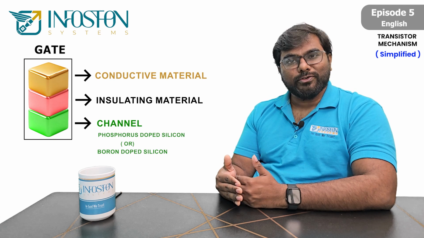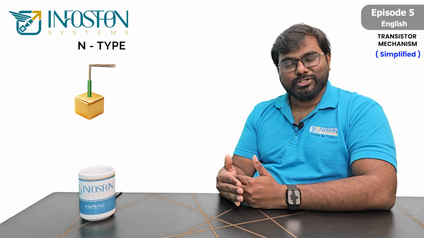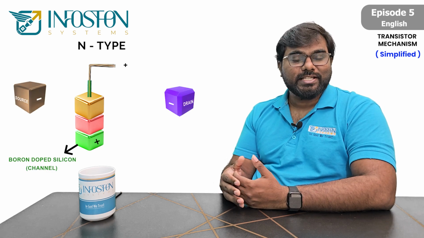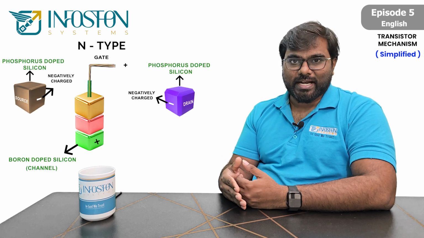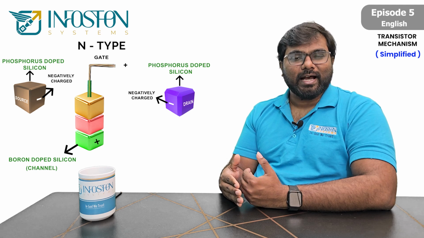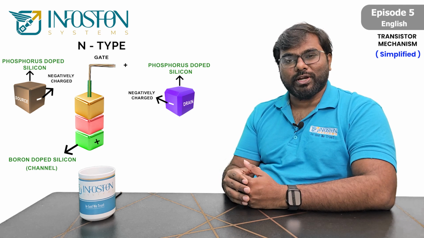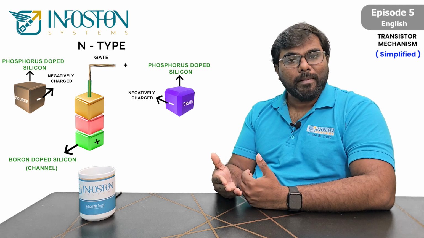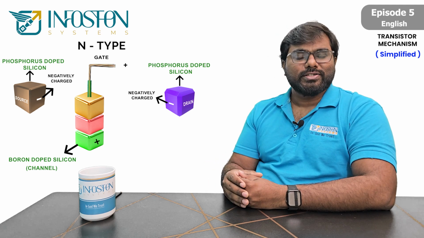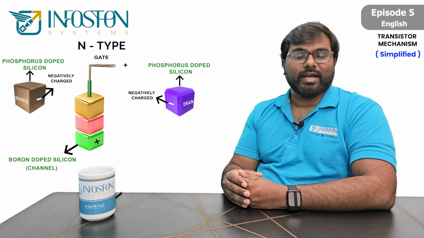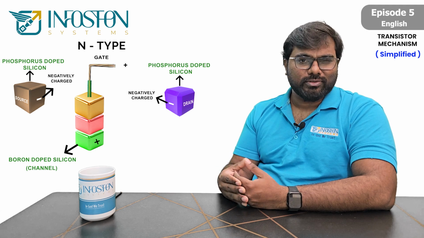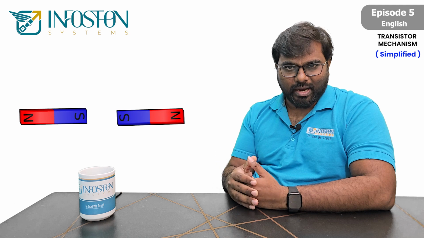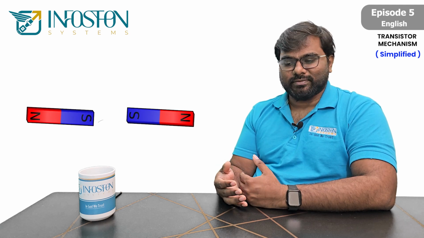So when you give positive voltage to the gate, it will change the behavior of the channel. What exactly happens is when the gate receives the positive voltage, it will repel the channel because the channel is made up of positively charged carriers. In childhood, we already played with magnets, right?